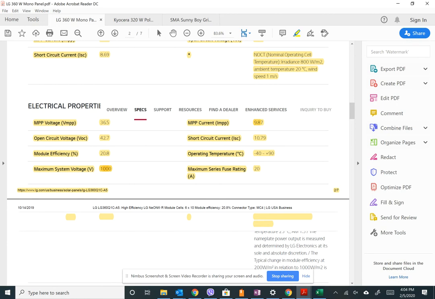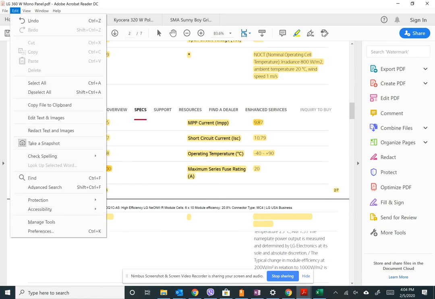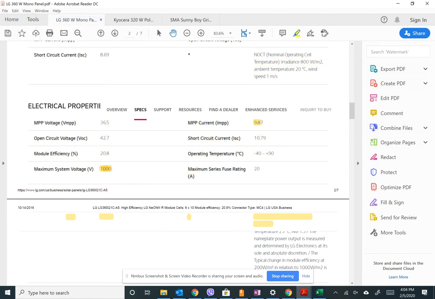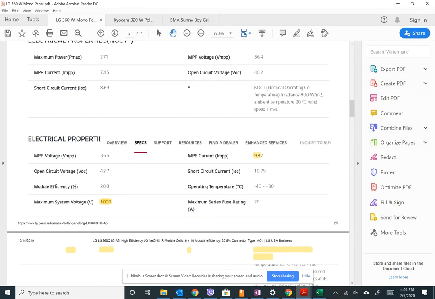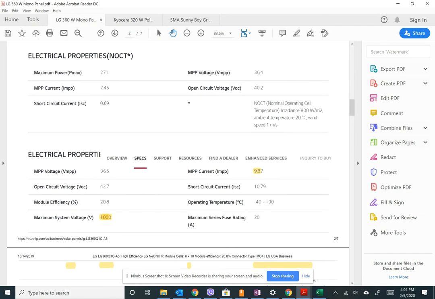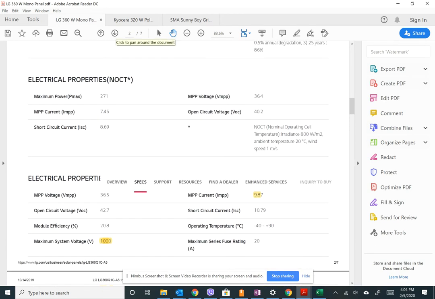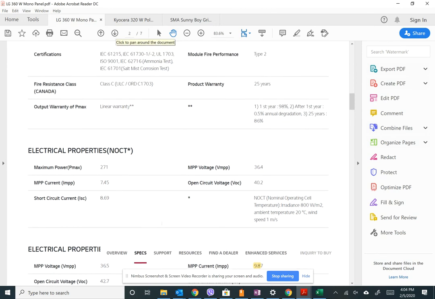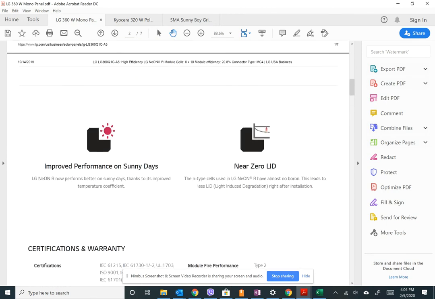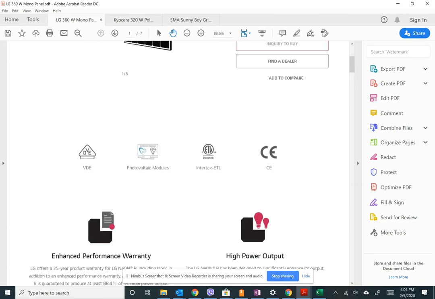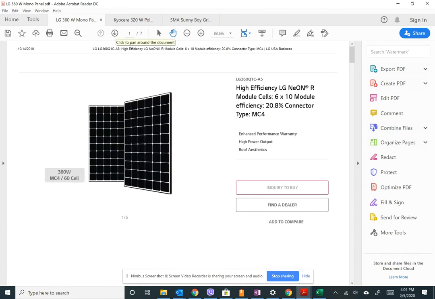Okay, so I'm going to undo that really quick. Okay, we're looking at IMPP, VOC, ISC, and then we have our rated output, which is going to be just our name, our 360 watts. Okay, right here. We're going to use that.